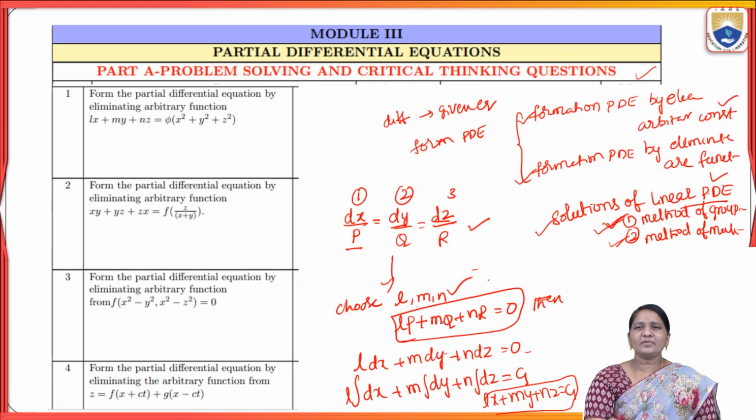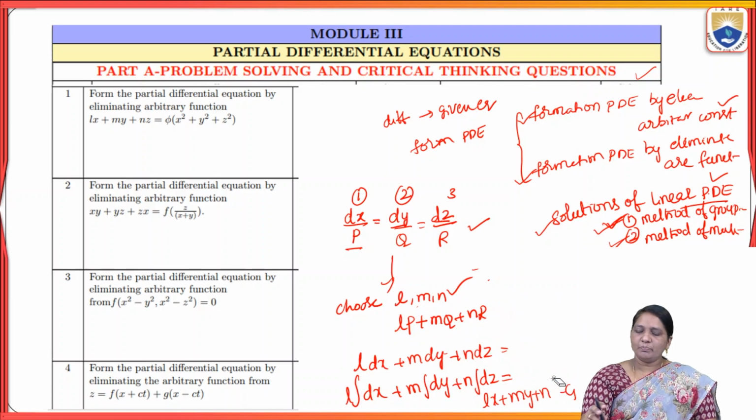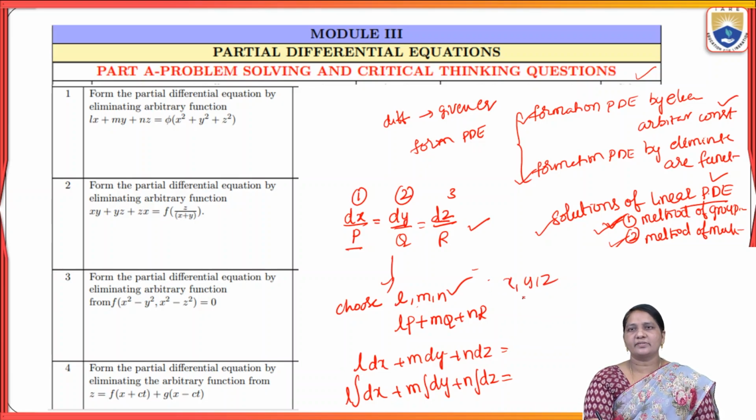So here how can we choose the multipliers? One important point you have to remember: the multiplier can be a constant or a variable. We can take constants also or variables also. For example, sometimes for an equation we can take the multipliers as x, y, z, and we can take 1, 1, 1 also. Can take 1, 1, 0 also. Otherwise 1, minus 1, 0 also.